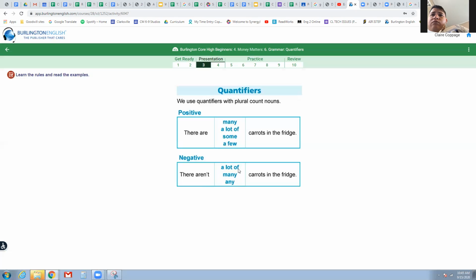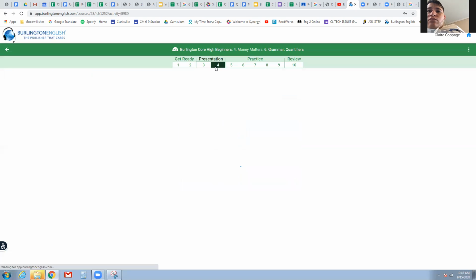But we use these with the plural count nouns. So do you remember the lesson, si podemos contar los sustantivos? Sí. Y por eso podemos usar esas palabras cuando describen la cantidad. Now, what about the non-count nouns?